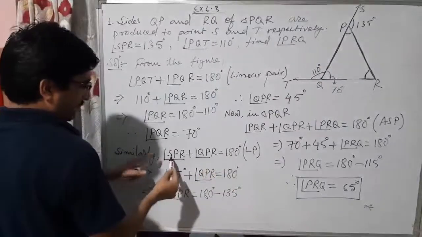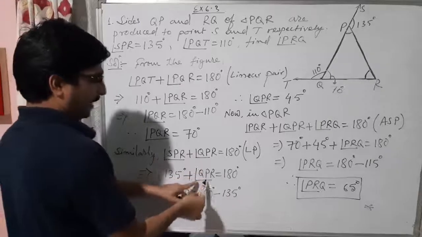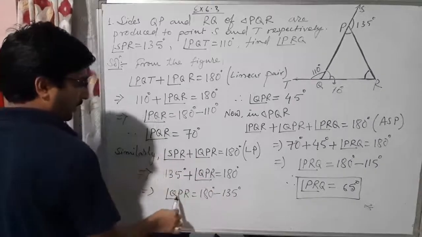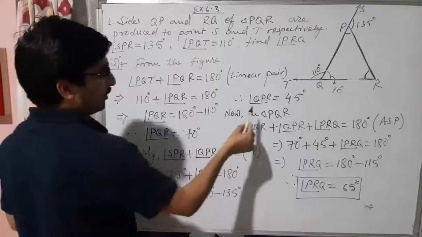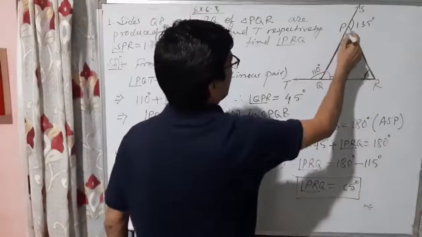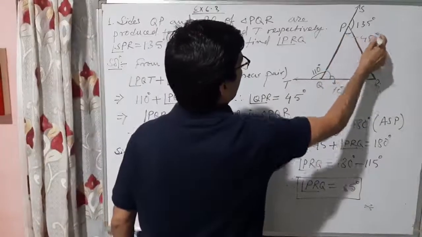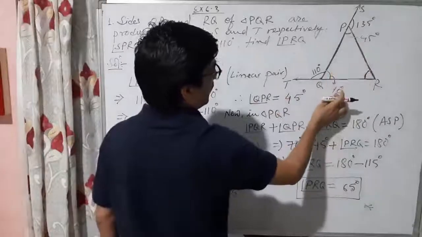Now SPR is 135 degree given, and QPR is unknown. Then QPR equal to 135 goes that side, becomes minus, then QPR is equal to 45 degrees. That means the value of QPR we have got is 45 degree. Now in this triangle PQR, we now have two of the angles, 70 degree and 45.